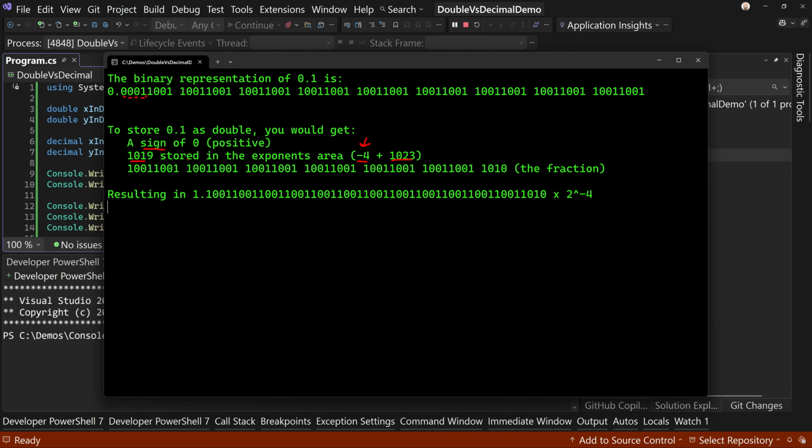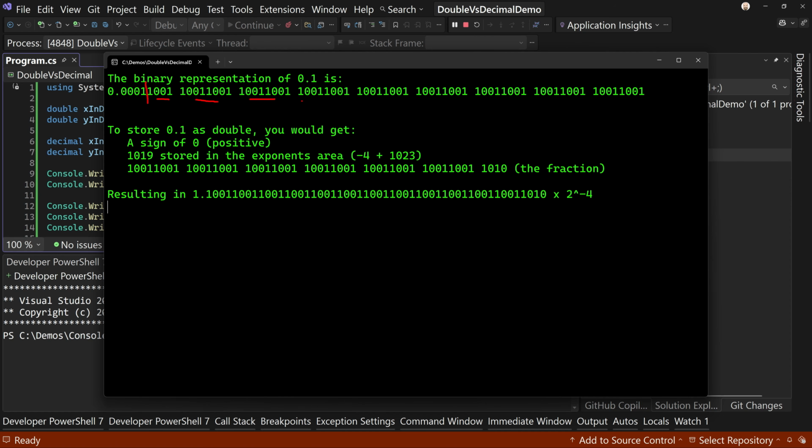Now, we need to calculate the fraction. So the fraction is everything after this dividing line. We put the decimal point here. So everything after this, we need to capture 52 places, so let's do some counting here. We have 4, plus 8 is 12. Then we have 20.